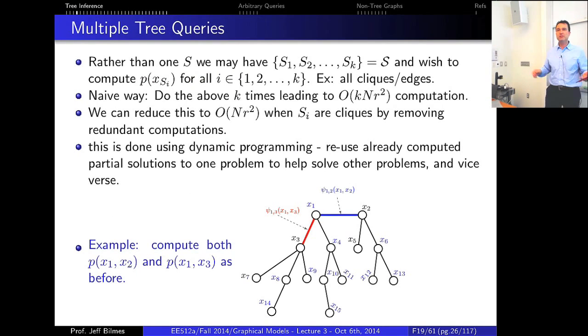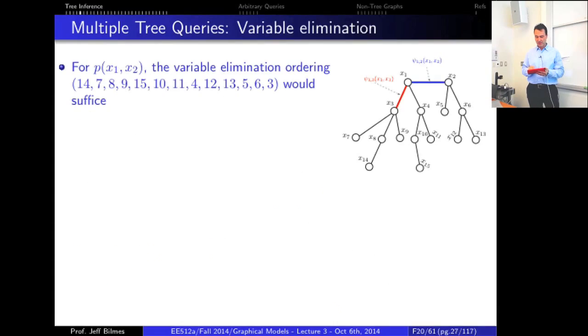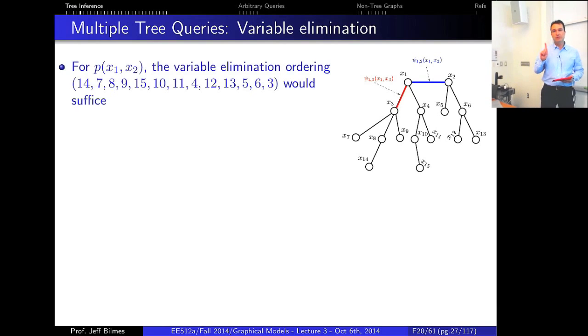So like I said, we could just do the process that we talked about twice, but that would not be smart. And just to make sure that we're clear, here's what we could do if we did this naively. If we wanted p of x1 and x2, we could use the following variable elimination order, where we first eliminate, say, x14, and then x7, and then x8, and then x9, and x15, and x10, and so on and so forth, up until we get to that edge.